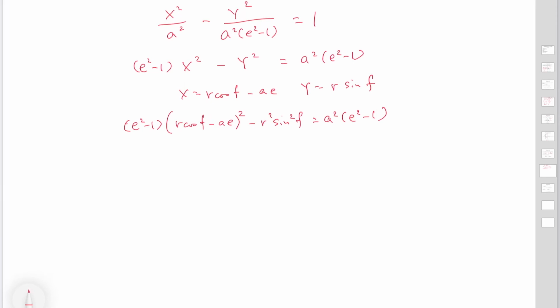Then we can expand these terms. (e squared minus 1) r squared cosine squared f minus 2ae r cosine f plus a squared e squared minus r squared sine squared f equals a squared (e squared minus 1).